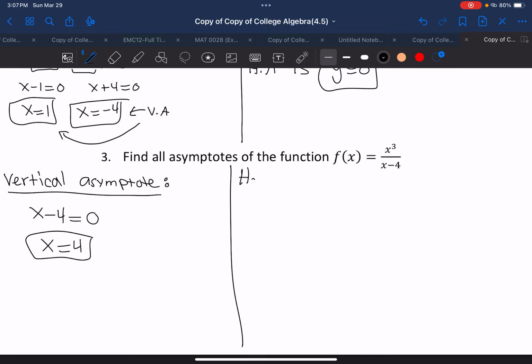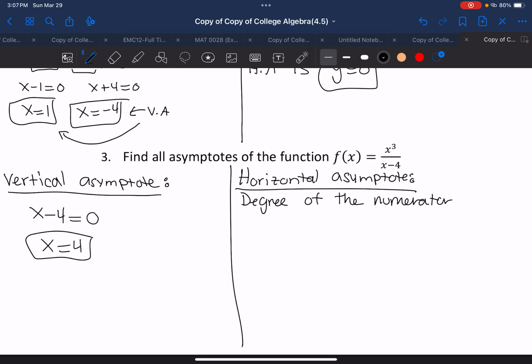And then the horizontal asymptote: the degree of the numerator is 3. It's the highest exponent on the numerator. And the degree of the denominator is 1.